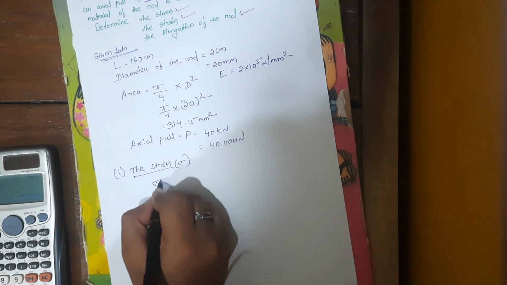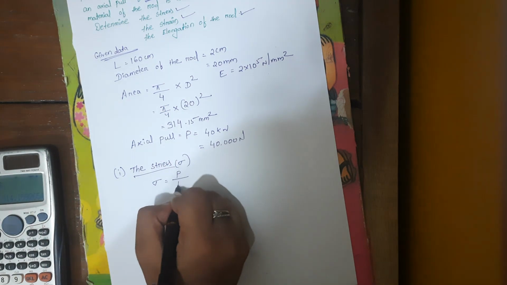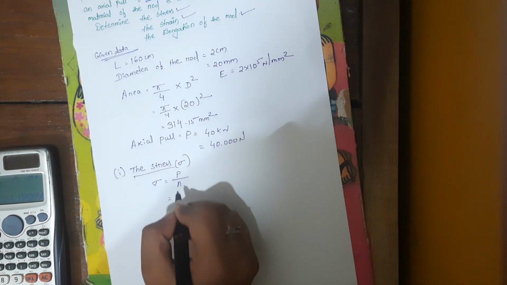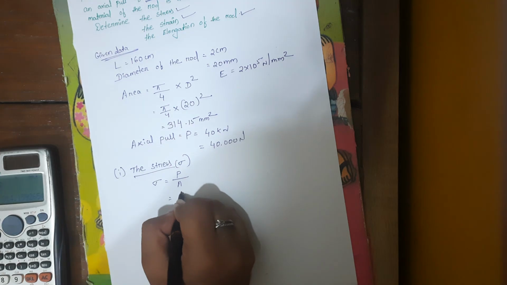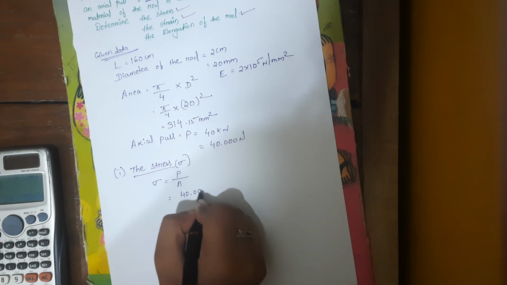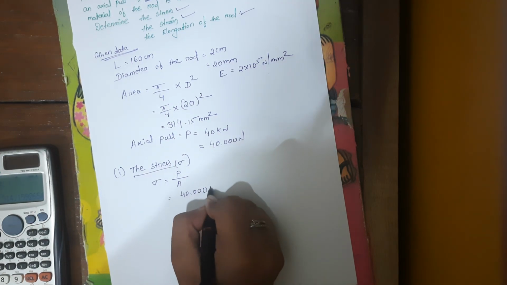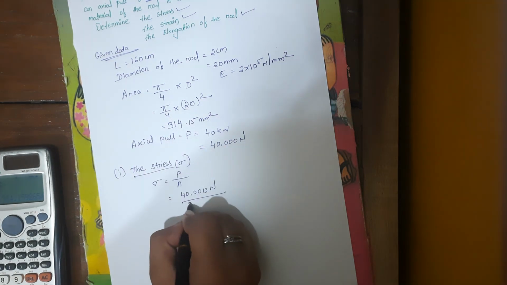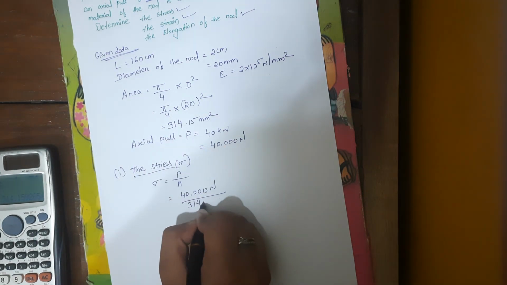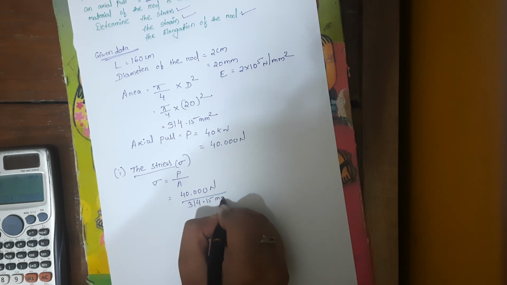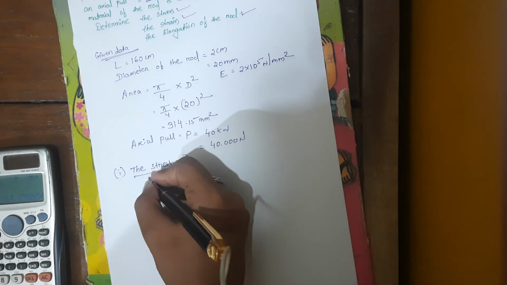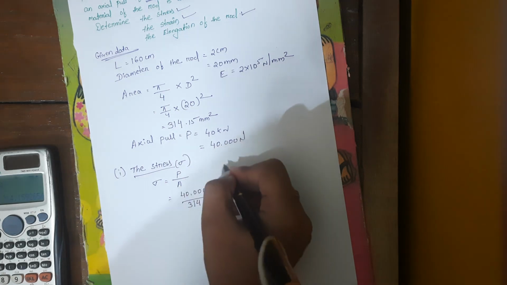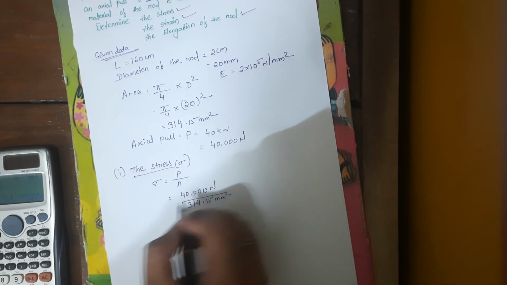Sigma equal to P by A, right? P is your load, that means 40,000 newton, and A is 314.15 mm square. Also know that the unit of stress sigma is newton per mm square.